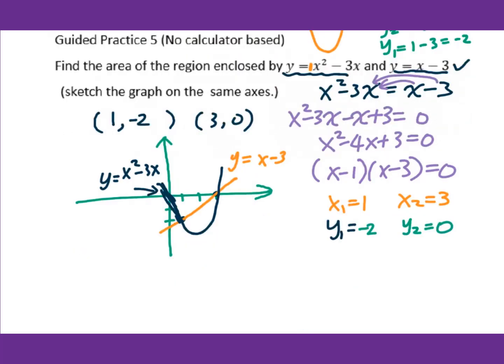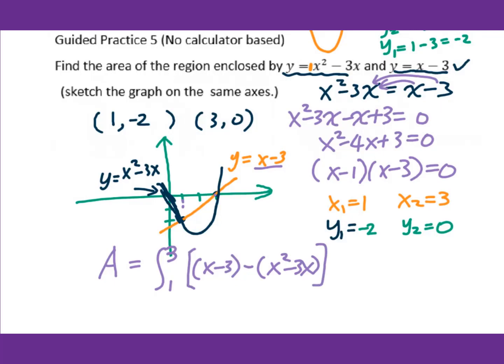Now we can write down the area bounded by these two functions. It's from 1 to 3, the integral of the linear function x minus 3 minus x squared minus 3x, dx.